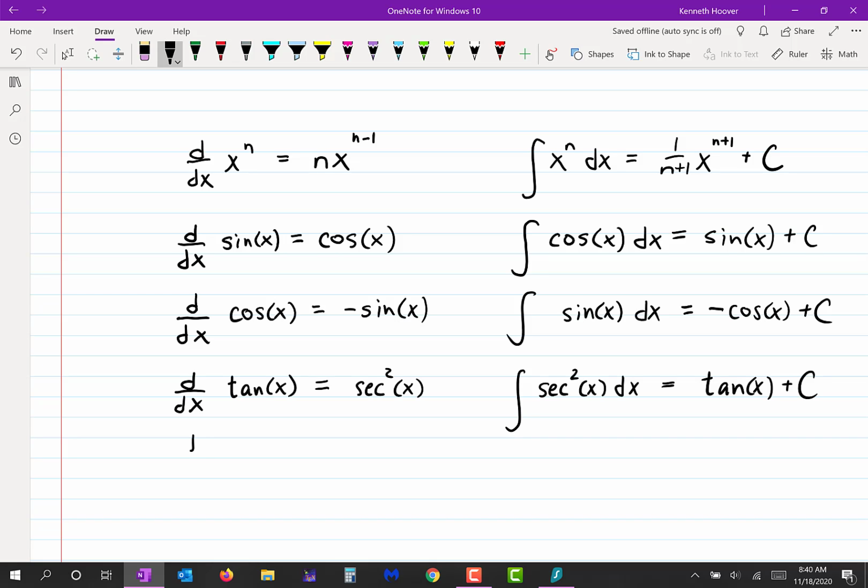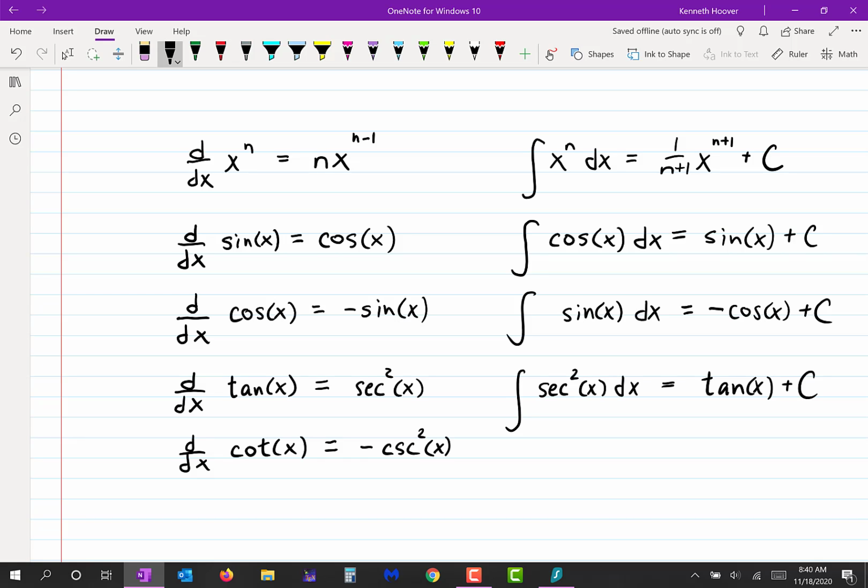Okay? We know that the derivative of cotangent, you might not remember, and that's okay, but I'm just reminding you that we have written it down once before. And the answer was, for the derivative of cotangent, was negative cosecant squared.